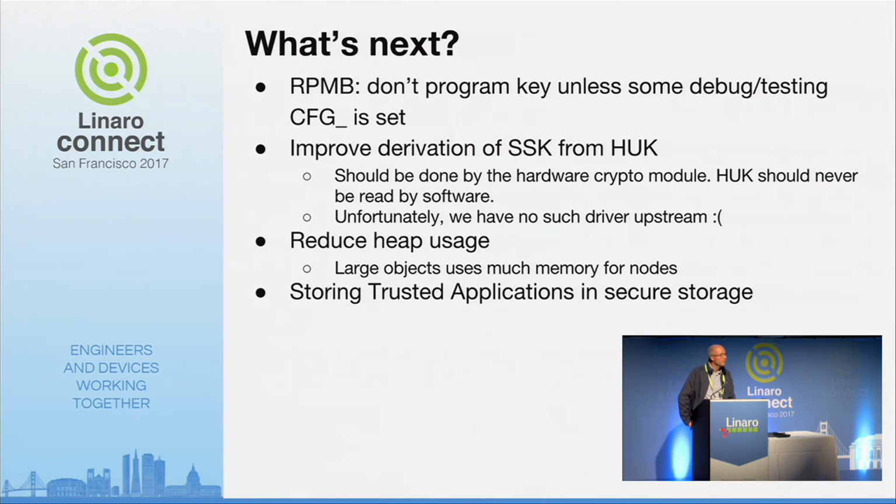What if two TAs try to update some secrets at the same time? You mean concurrent access? Currently, we don't have that. All access to secure storage is serialized, so one TA just waits for the other TA for the current operation to finish.